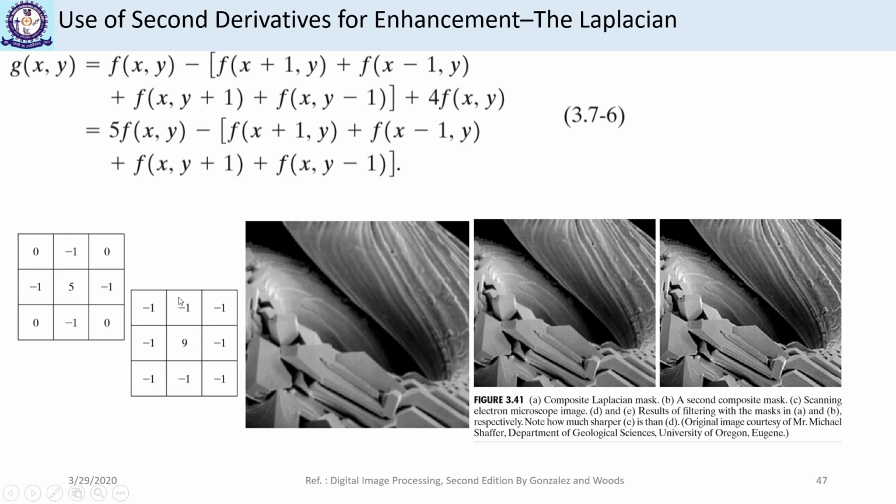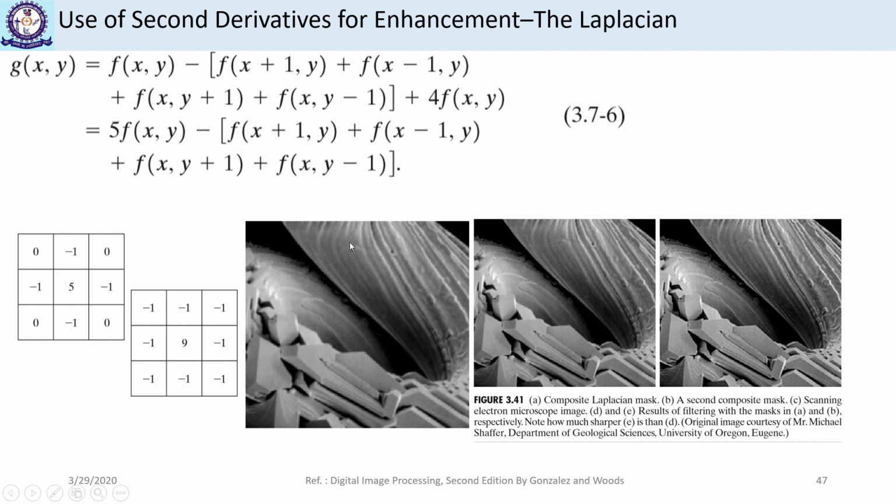If we want to include the diagonal pixels too, then instead of 8 we will have the number 9 here. Why? Because the original image is added into the Laplacian filter output. So here the composite mask will have these coefficients. This is our original image.